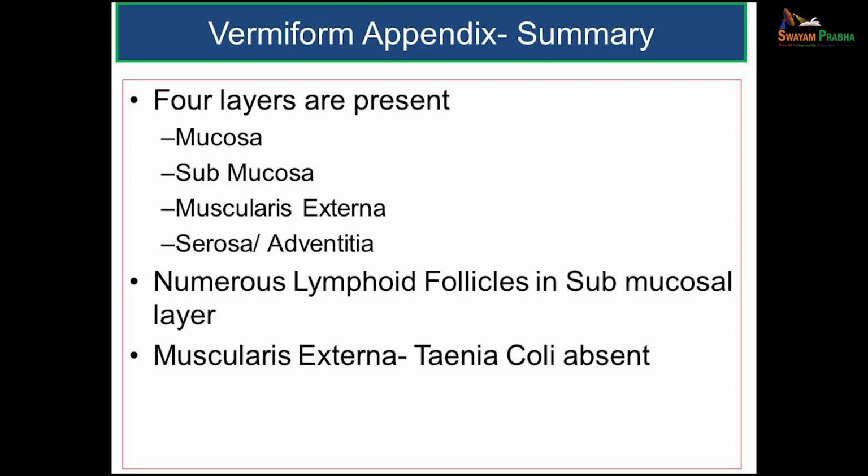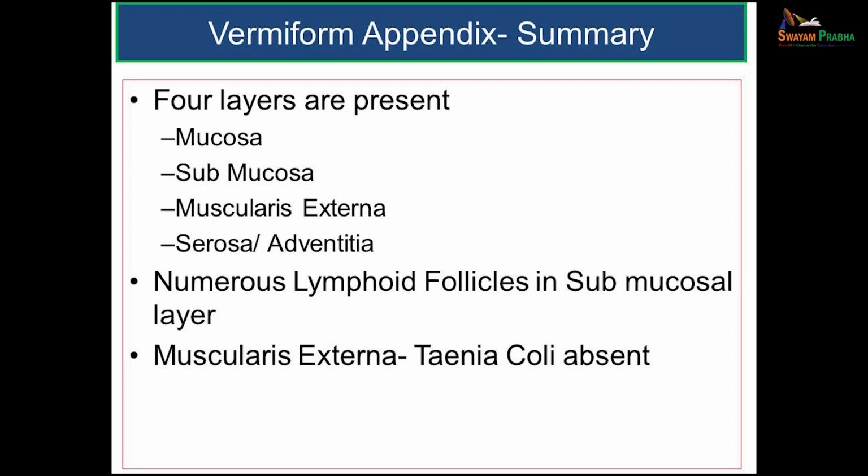As regards the mucosa, the number of goblet cells is numerous when compared to the small intestine. With regards to the submucosa, the specific feature of the vermiform appendix is the presence of numerous lymphoid follicles, which is the hallmark feature for identification of the vermiform appendix.